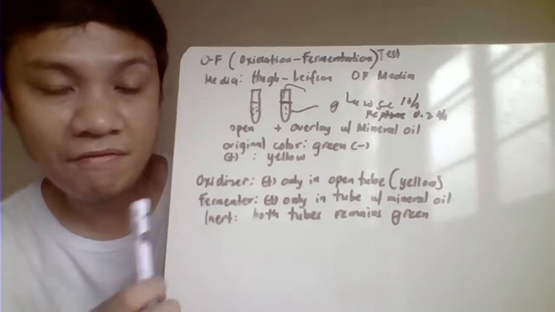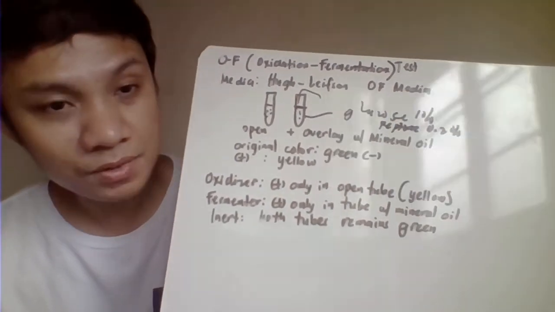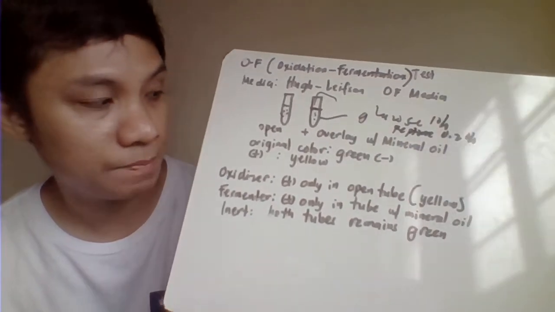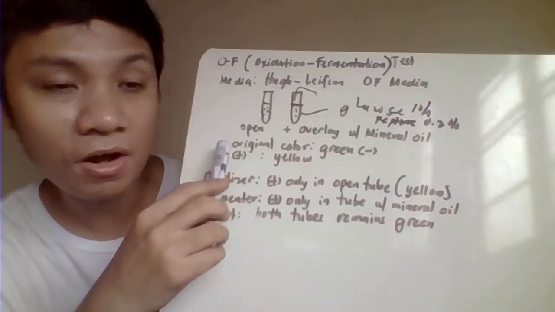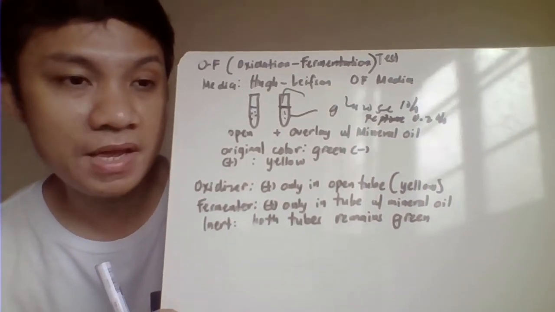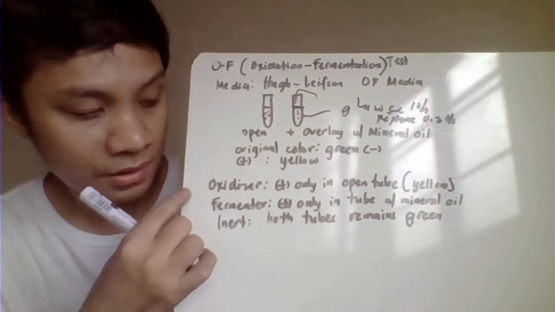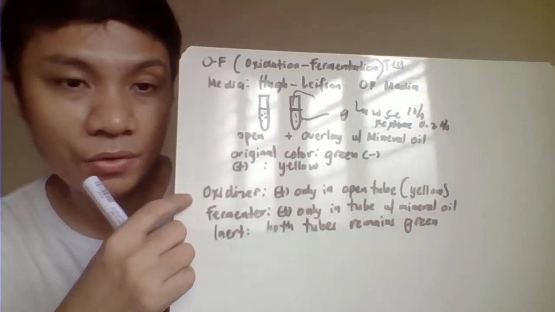So this would identify if your bacteria is capable of oxidizing the glucose or fermenting your glucose. Original color of your tube here is green. Positive result here would be yellow.